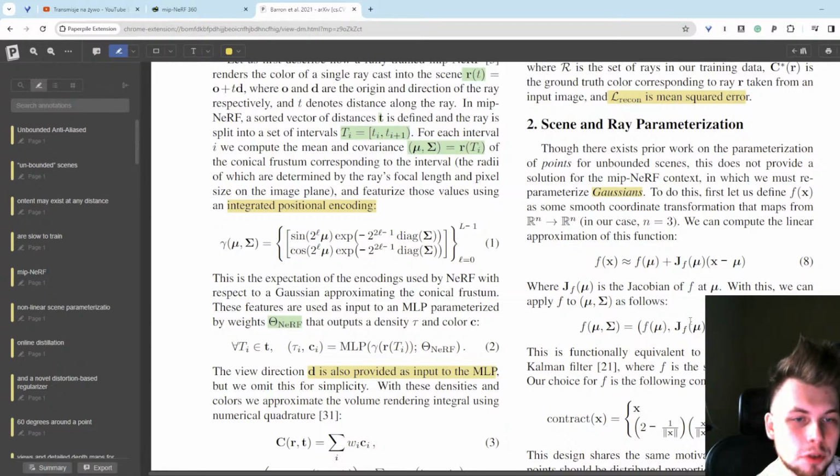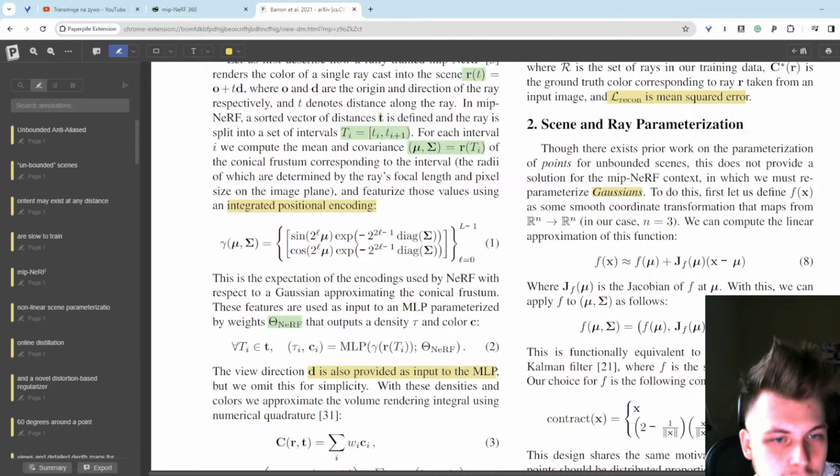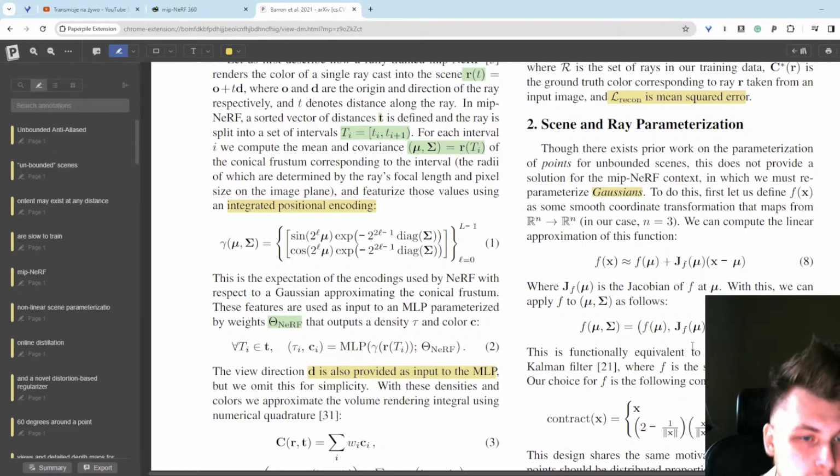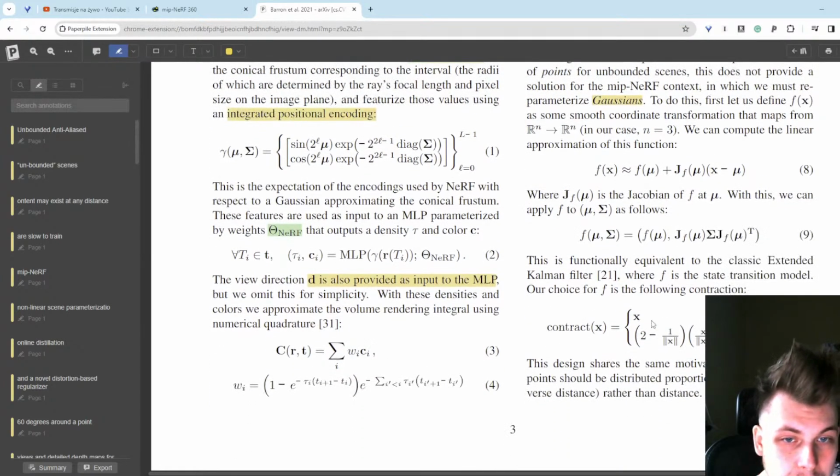But then, as I said, we do this part here where we recalculate our sigma based on the local Jacobian around these points that we are translating, right? And they know that this is functionally equivalent to classic extended Kalman filter, which I personally don't know what that is, but I don't think that's the big issue.